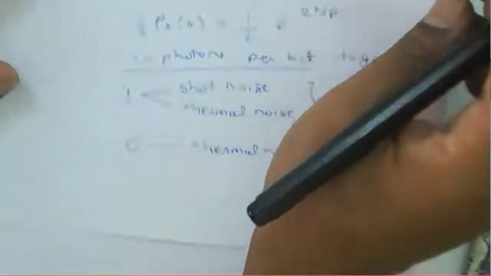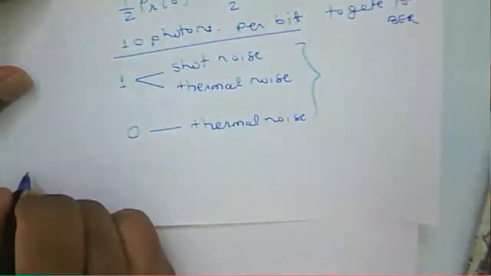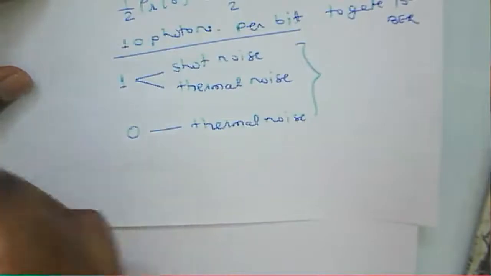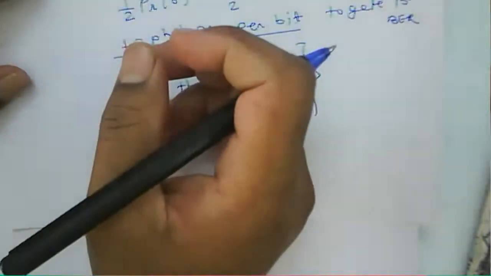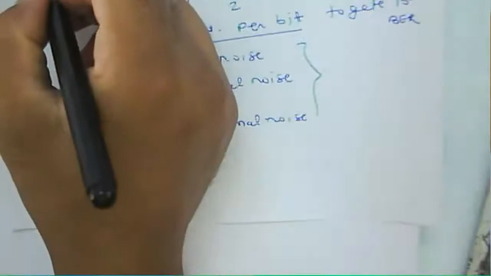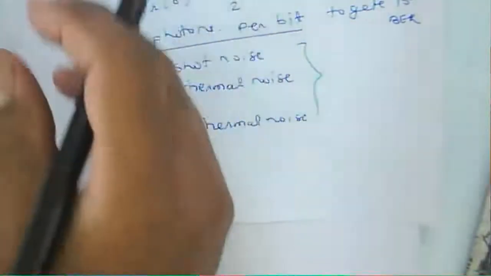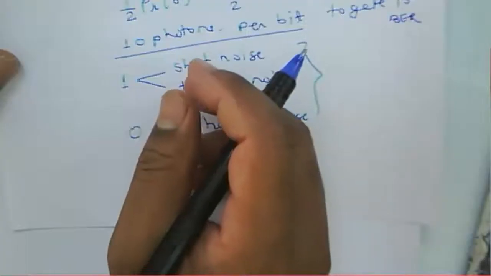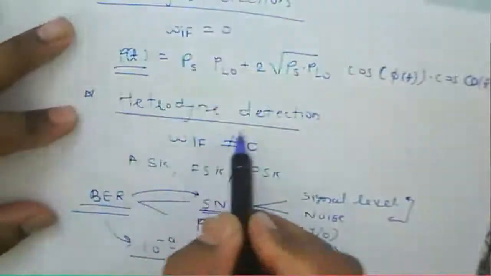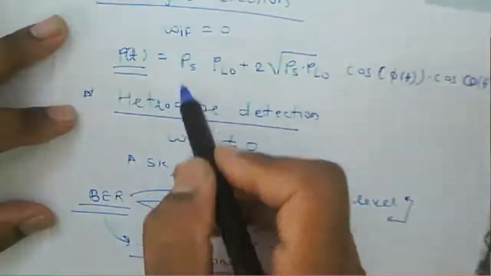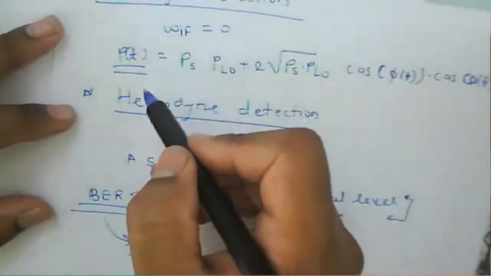Similarly we can find out what will be the minimum power requirement for the PSK, similarly for the FSK there. Similarly we can find out the minimum power required for the homodyne detection as well as the heterodyne detection, in both the cases.